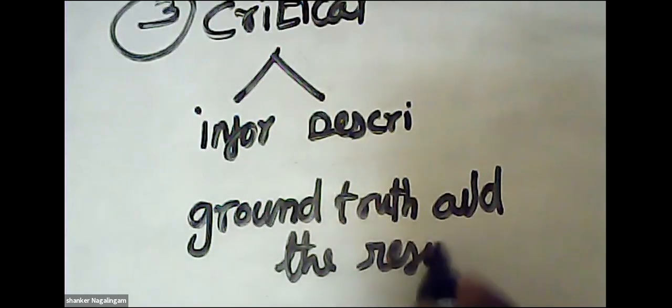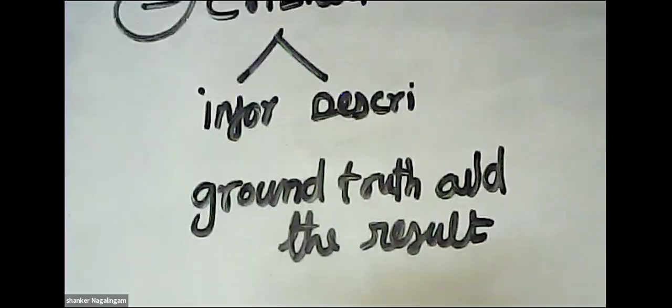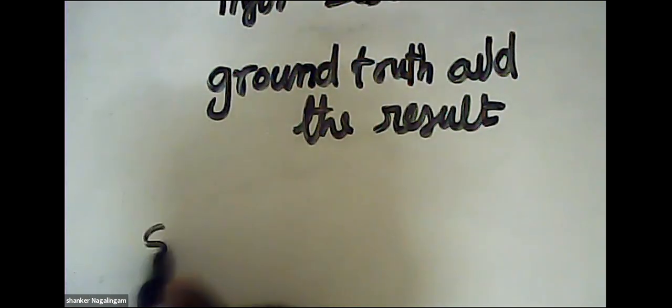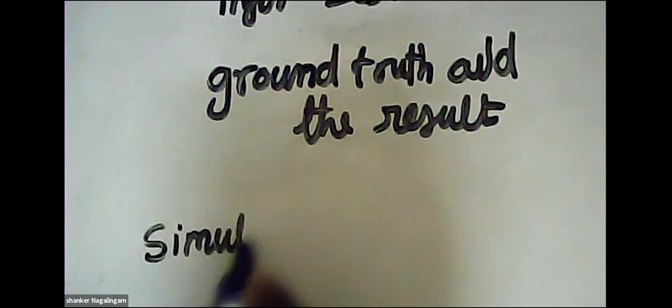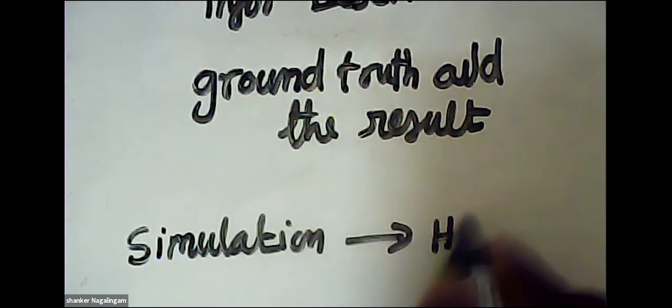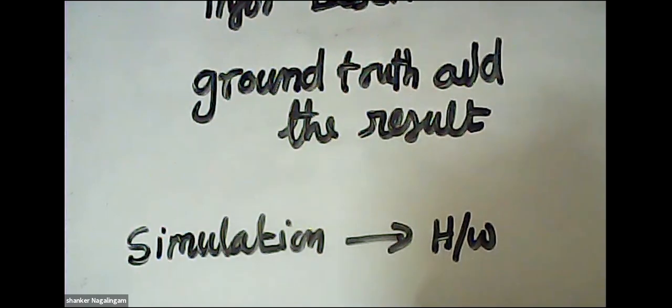What do you mean by ground truth? In any research, you do your simulation as an implementation part, and you develop some hardware. You regularly do that when you do any research work.